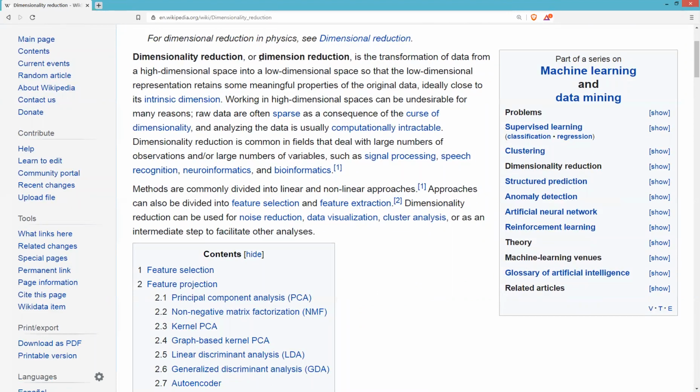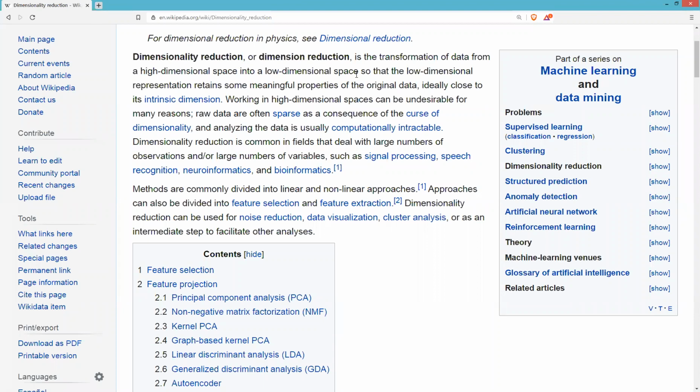Dimensionality reduction or dimension reduction is the transformation of data from high dimensional space into low dimensional space. So suppose we have three-dimensional data, we can project it to two-dimensional data. Like we have space and we take a picture, then it becomes two-dimensional, right? Something like that.